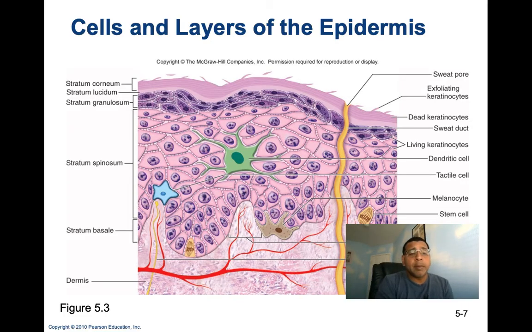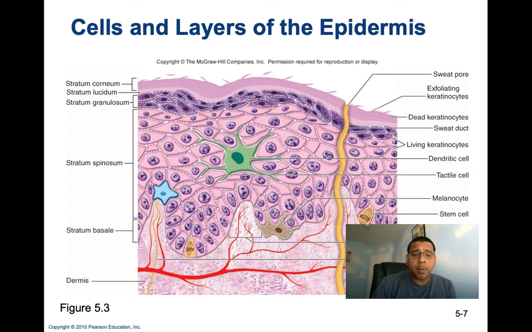Next then is the stratum spinosum. The stratum spinosum is known as the prickly layer, and it's several layers thick. The cells that we have here will include keratinocytes and Langerhans cells, your epidermal dendritic cells.